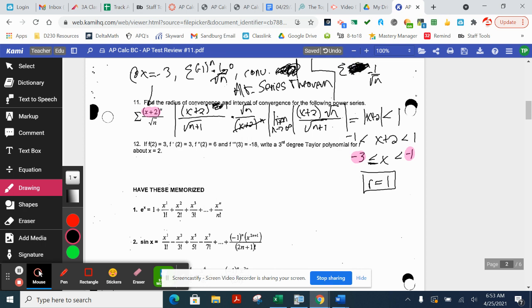So that simplifies to be just a 1 over root n. That definitely diverges. And then we would need to justify that with a p-series explanation. Our p is 1/2, which is less than a 1. So the negative 1 stays open. This here is your interval of convergence. Negative 3 got closed, negative 1 did not.